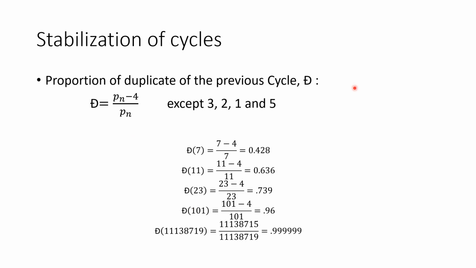For the variable d, as a proportion of duplicates, how much we approach a full empty boxes cycle as we go up in numbers, you see how quickly it approaches 1.